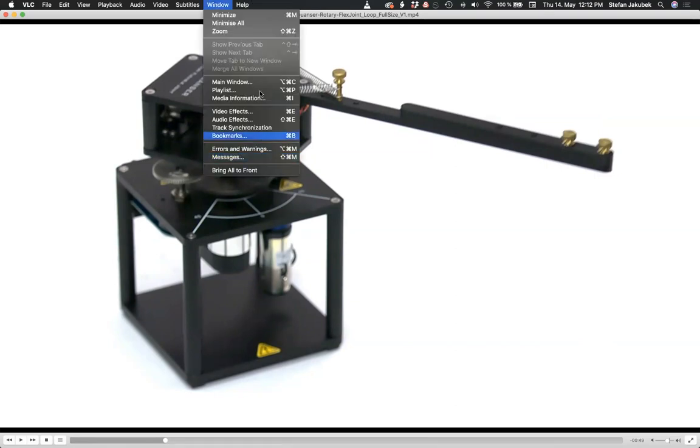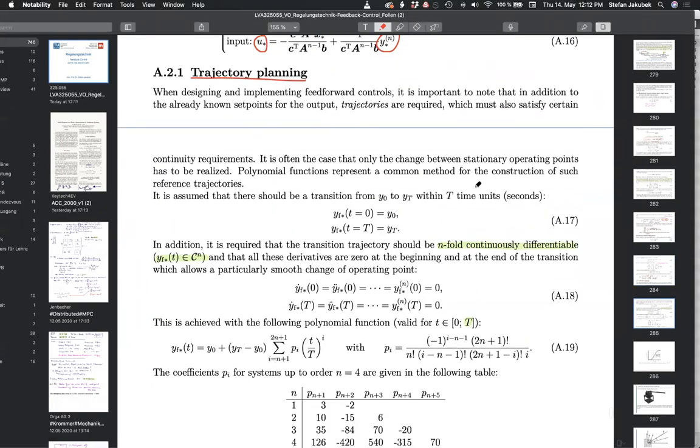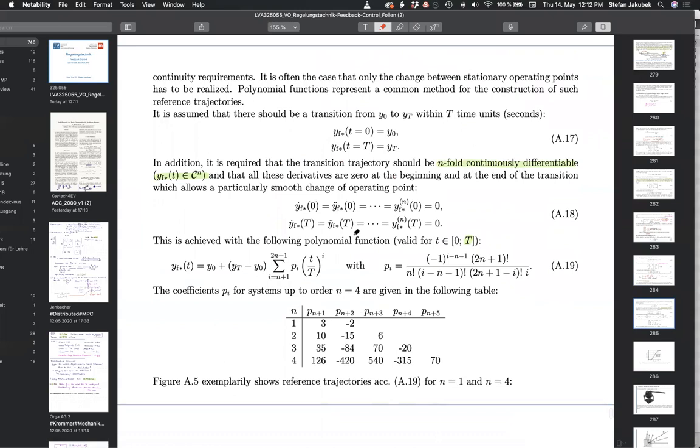This is something that we have to consider separately. There are many different ways to do it. I've shown you some ways last week. There's a very simple way where we assume that we start from an initial position y0. We want to end up at a terminal position, and it should take us capital T seconds to do that.